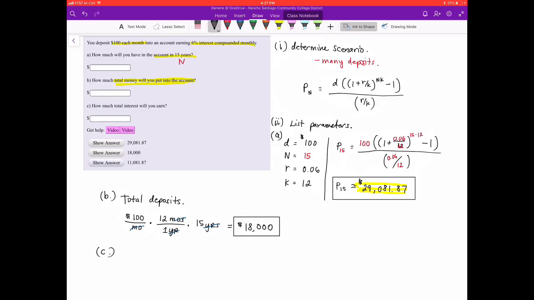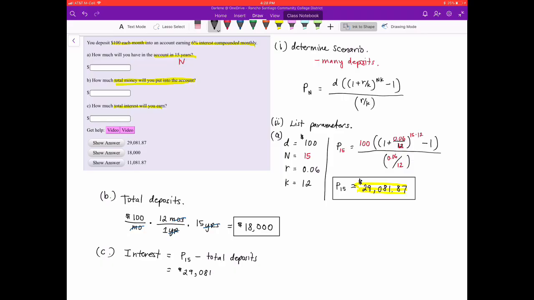And that difference is part C. What is the total interest that you earned? Well, because your total deposits was only $18,000, but in the end you had $29,000, the interest earned is equal to P sub 15 minus total deposits. So this is a simple subtraction.